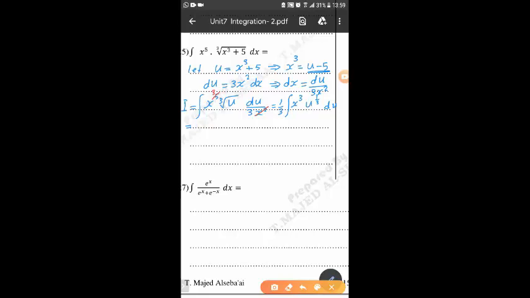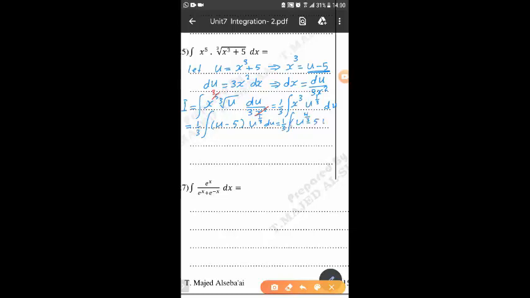Yes. Okay, good. So it's 1/3 integration. x3 is u minus 5, u to the power of 1/3 du equals 1/3 integration. Now multiply out. It will be u to the power of 1 plus 1/3, which is 4/3, right?